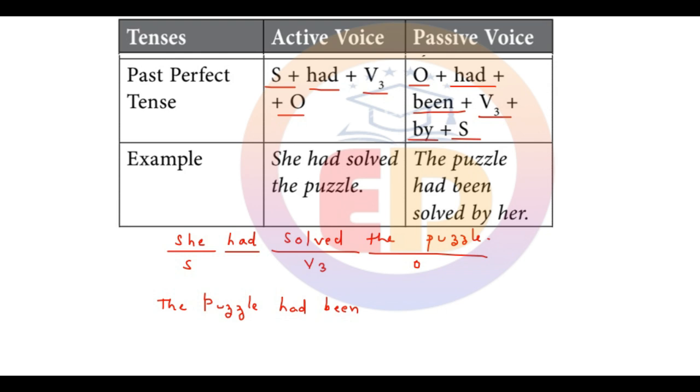Past participle form will remain the same, solved, by. The pronoun she will be converted to the object form her. So passive voice will be the puzzle had been solved by her.